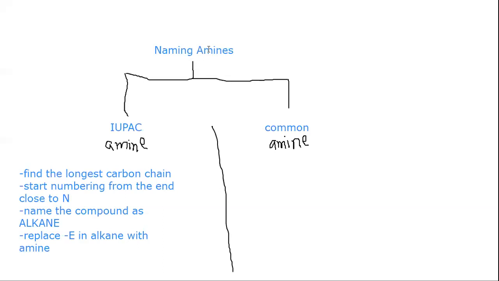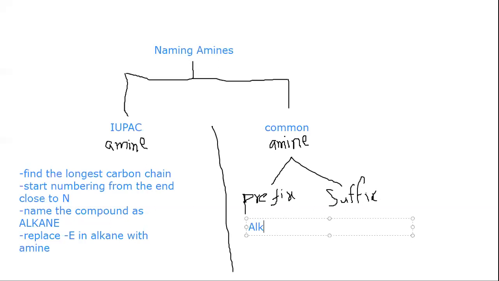Now, when you're using the common name, it has a prefix and then you have a suffix. The prefix is the alkyl name because nitrogen is connected to an alkyl group.